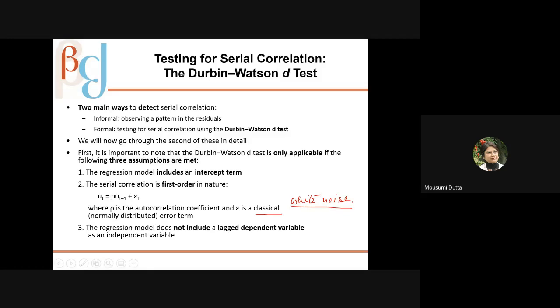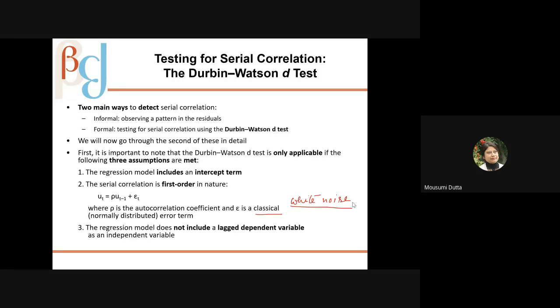Since you are familiar with the term classical error, I am mentioning classical error. However, in the time series literature, when we introduce AR1, MA or ARMA, all this classical error is called white noise.